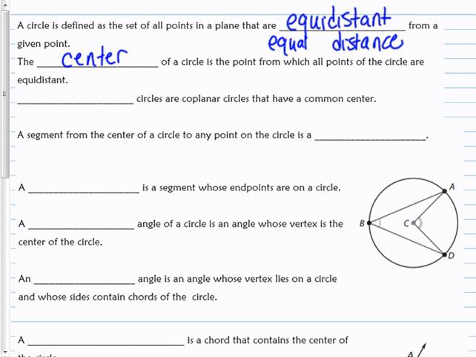The next word is concentric. Concentric circles are coplanar circles that have a common center. So they share a center. A segment from the center of a circle to any point on a circle is called a radius, and that should be a term you are familiar with.